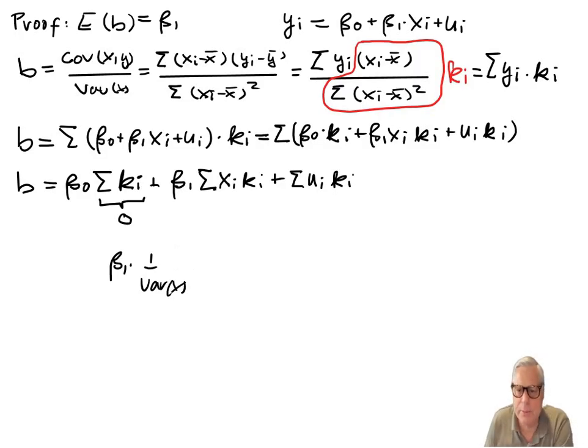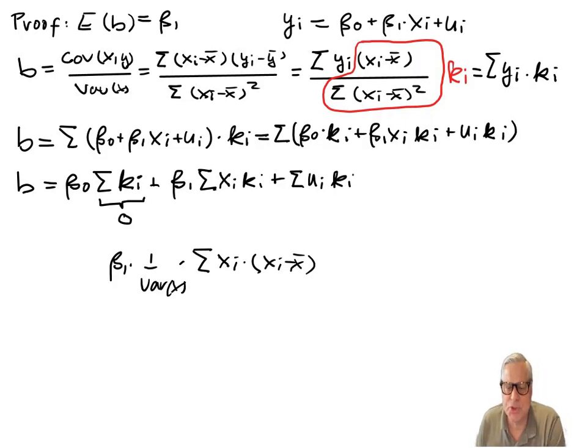So now I need to sum up the sum of xi times xi minus x bar. Well, and this term is again equal to the variance of x.